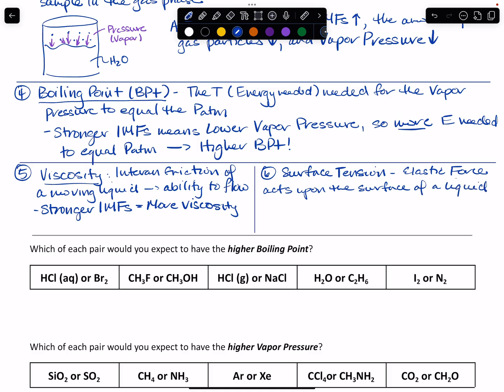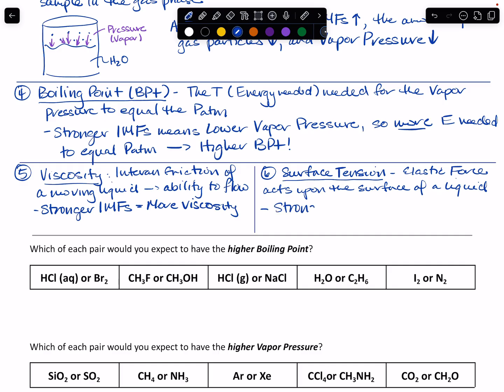It's basically what allows water bugs to scoot across the top of water versus falling into it. It's what causes water, when it is in small amounts, to form balls instead of just a big flat mess. Surface tension is a force of those top surface particles on the particles below themselves. If we were in physics, we could get way into that, but we're not going to.